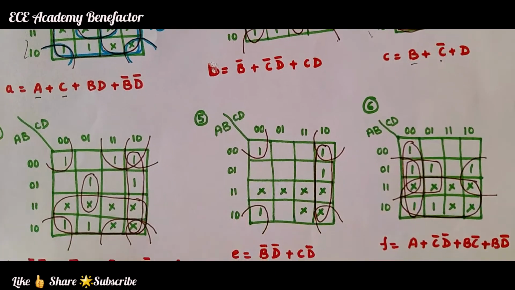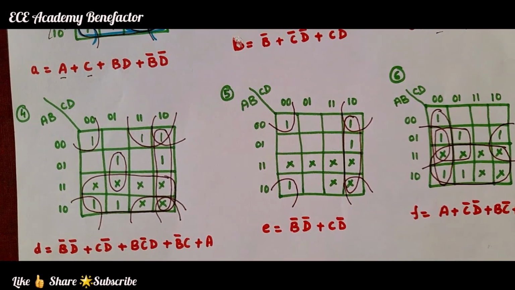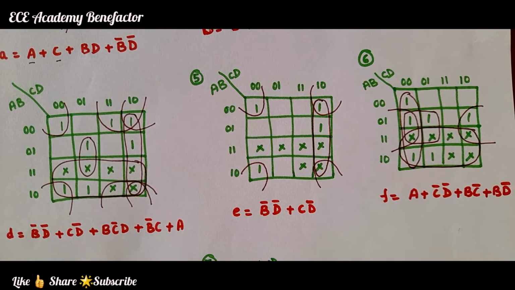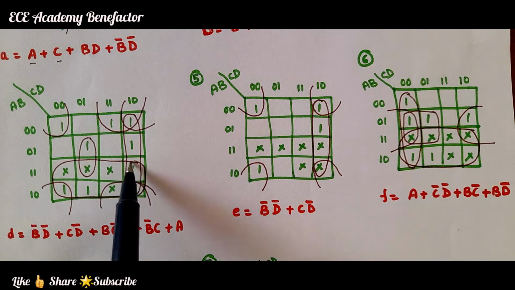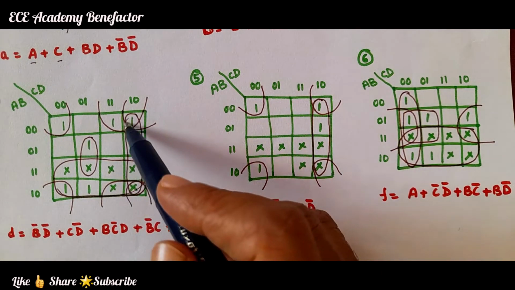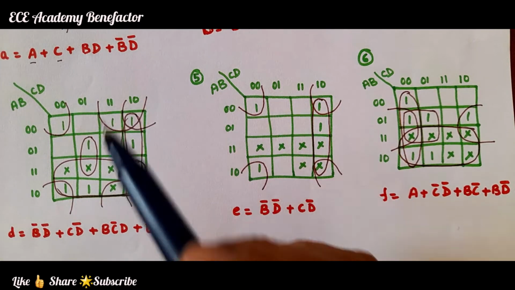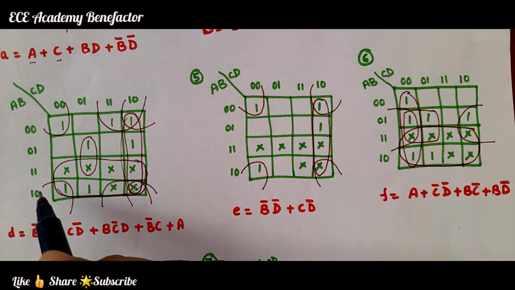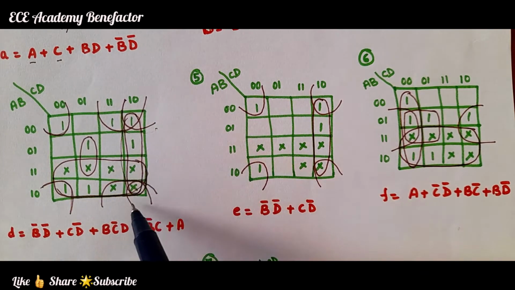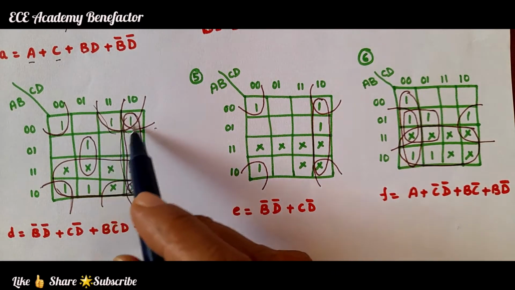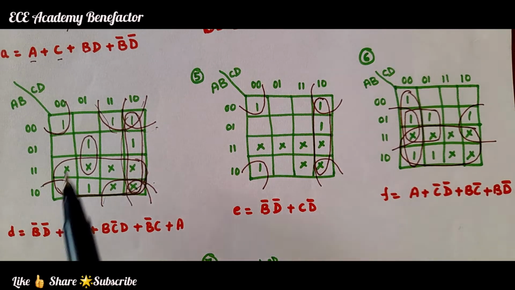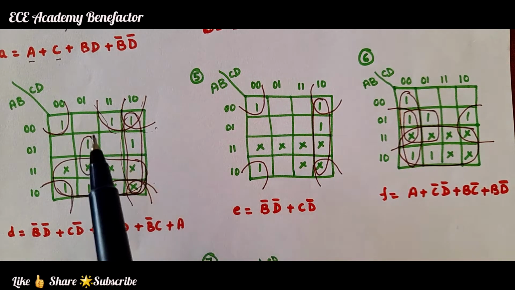Like this, we have simplified all the K maps. For D, we have one octet here, one quad here, one more quad in the four corners of the K map, one overlapping quad, and one pair is also possible here.